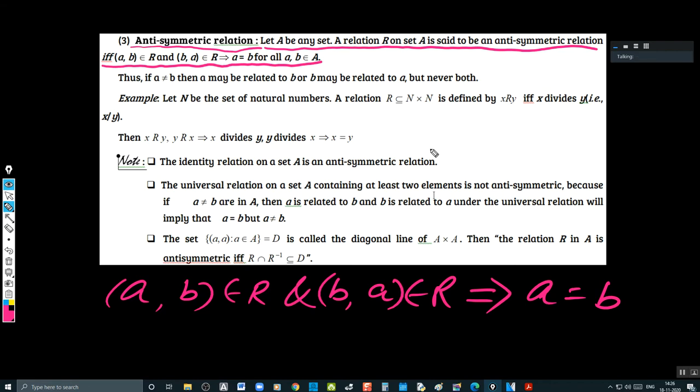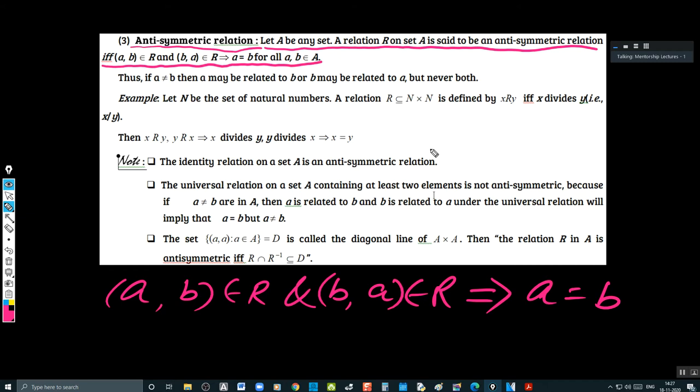Means it is your face only, like when you stand before the mirror, you will not be seeing another face, no? You will see your face only. So it is nothing but anti-symmetric relation. Unless there is a ghost behind you, you will see your face only in the mirror, no? What do you say, Ananya? Unlike in the horror movies, if you see in the mirror you will see your face only.